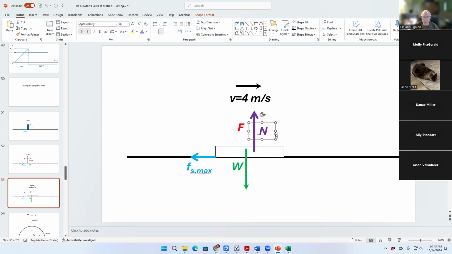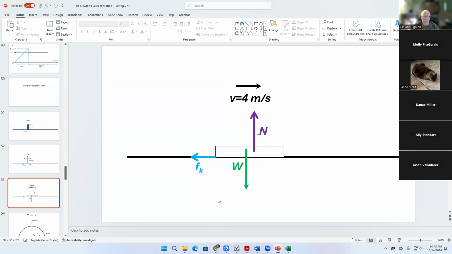That doesn't change, right? There's a normal force, a weight, and there is this force of kinetic friction now that's applying a force in the opposite direction to the slider.